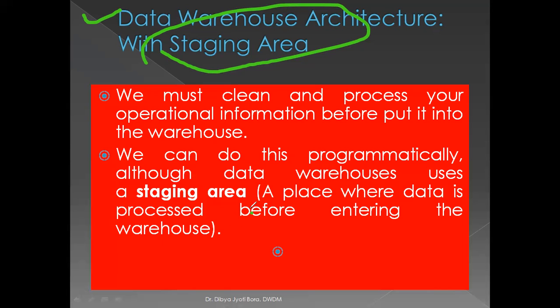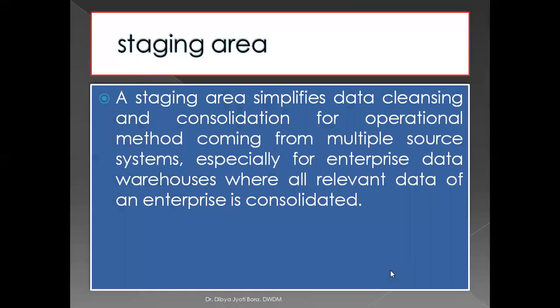Now, since we are repeatedly using the term staging area, we will focus on that. What is that exactly? You have seen already in the basic data warehouse architecture, we were just taking the summarized information directly from different sources, right?